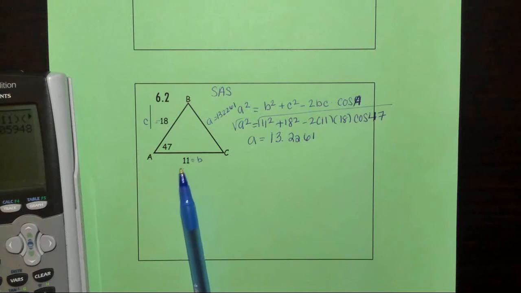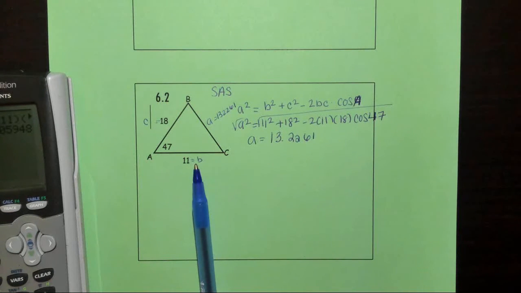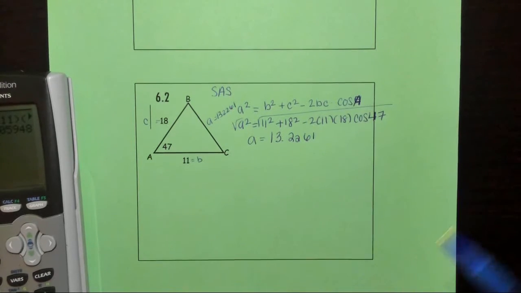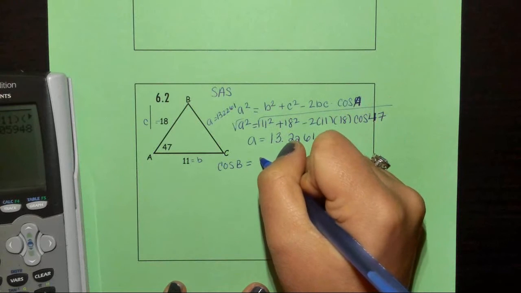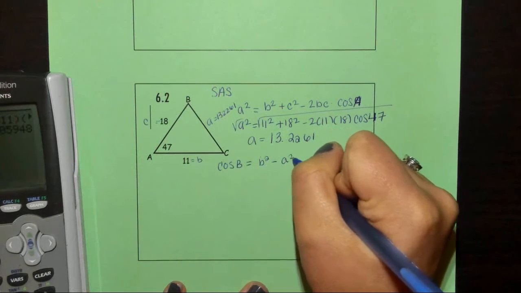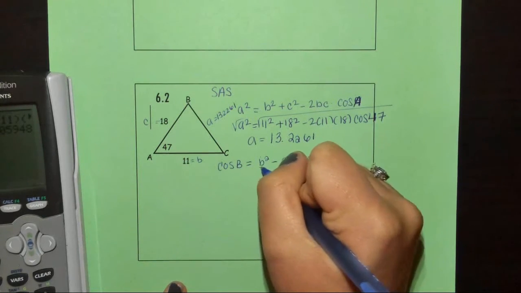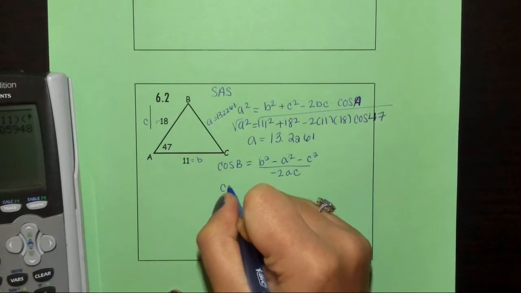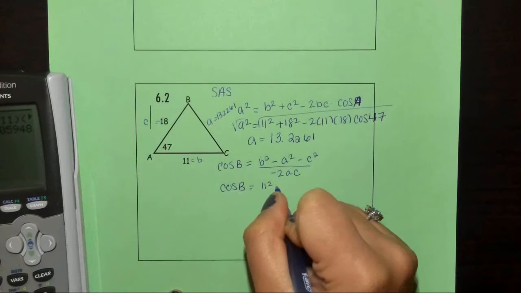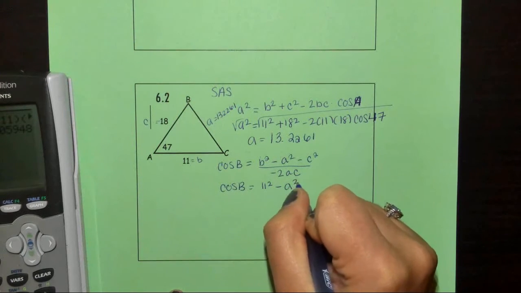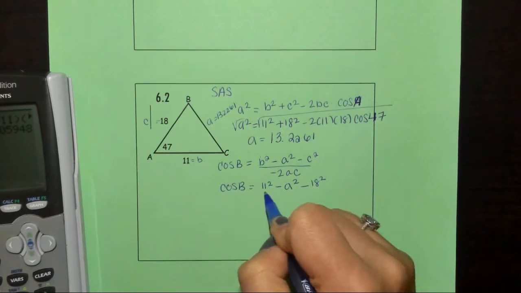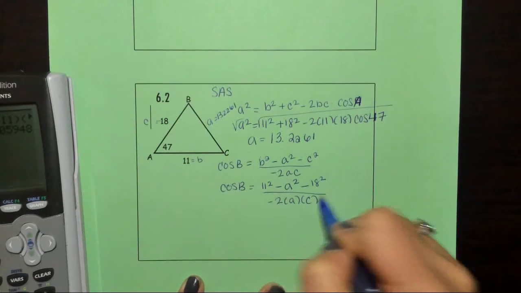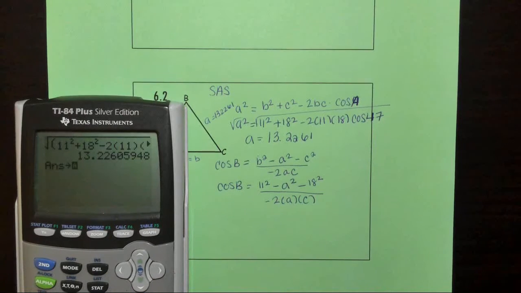So the next thing you want to do is solve for angle B. We'll use the cosine of B equals 11 squared minus, I'm just going to write A squared because in a second I'm going to store that value we got for A, minus 18 squared, over negative 2 times A times C. So I'm going to store that, and I'm going to click alpha A because it's the value for A.